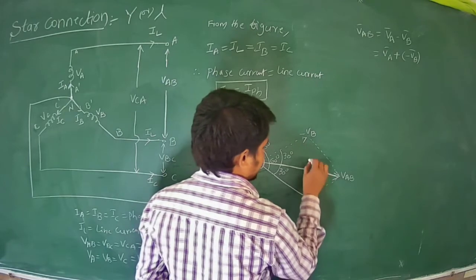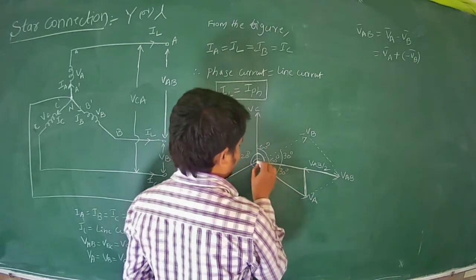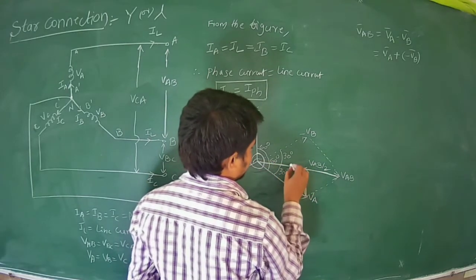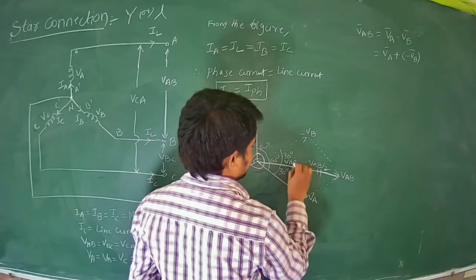If you draw a vector to this, from here to here it is VAB by 2, and from here to here this is also VAB by 2. So these two are equal.